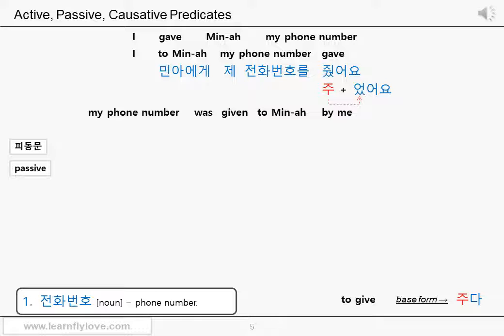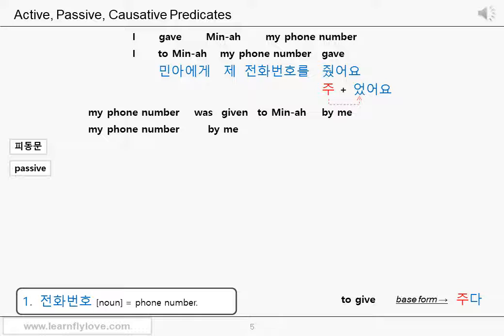Let's rearrange the words. The main subject of the passive sentence, my phone number, comes first. And then the phone number was given by whom? Right, me. As you know, the position of the words in Korean is not something fixed. It's relatively flexible because we add an element such as particles to the words to clarify the role of them in the sentence.